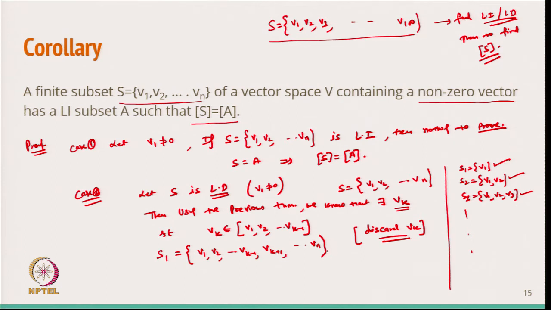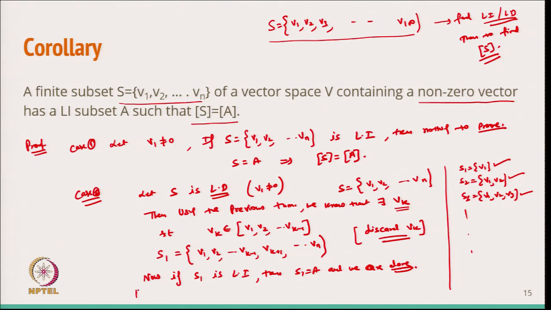Now, if S1 is linearly independent, then S1 is equal to A, and we are done.